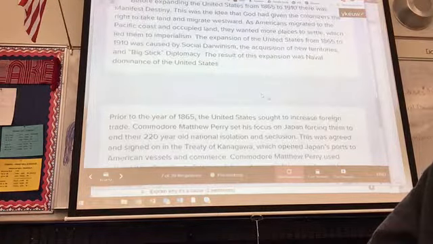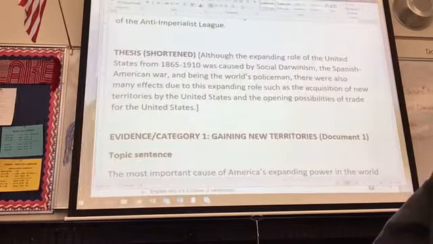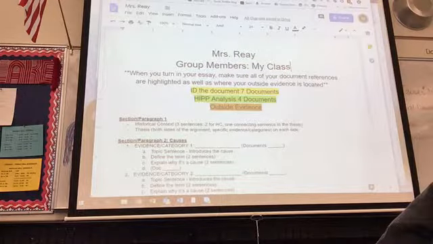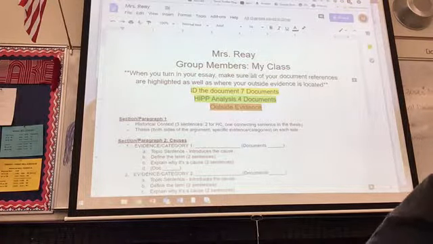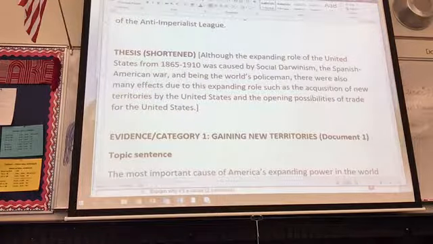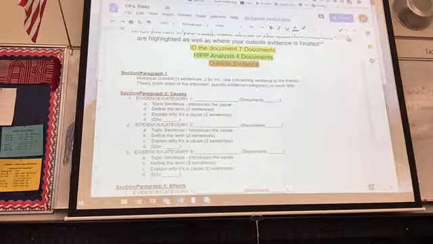Okay, so here's now what you need to do. If you will open up your individual document with your name on it, the one that looks like this. Now, here's all that you need to do. You have already written your first paragraph in your group document.